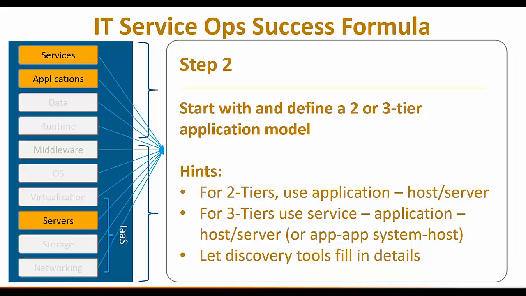So there are elements that you can start slightly differently. You may decide to go, Rick, I want to go to a different 3-tier model. That's fine. Or I want to pull in data and use the discovered data and then enrich that information with the things you're talking about on the top, the services.